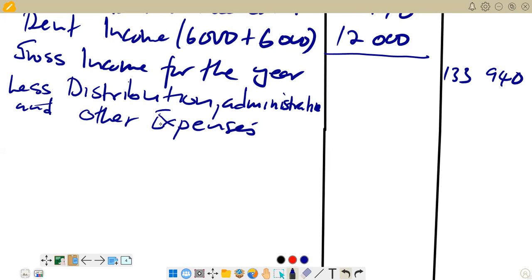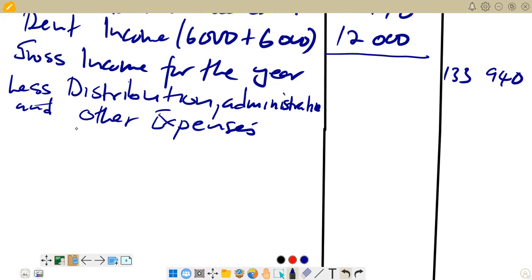So we are going to list them beneath this heading, and when we add all the expenses that we list there, the total is supposed to come in line here with the description for distribution, administrative, and other expenses. We put it here, right?